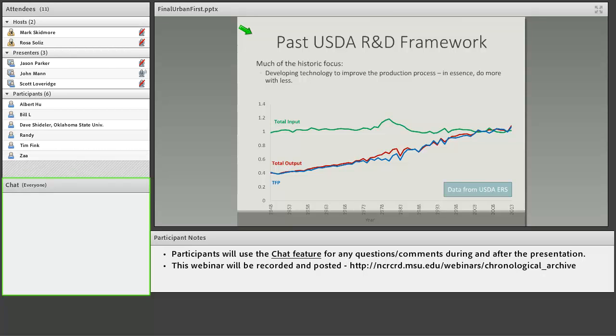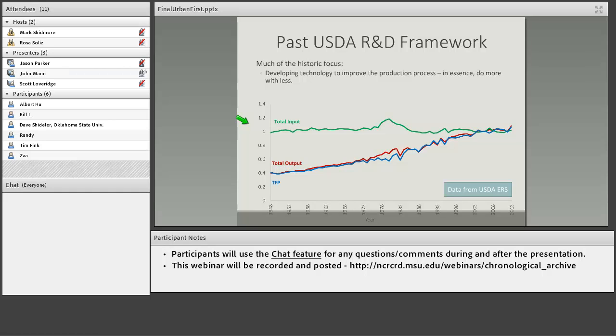So another piece of the question, and the way we were thinking about it, is how the impacts of USDA R&D have been looked at from a historic perspective. Not all, but some, and some might argue much, especially more historically, of the USDA R&D investment has been to focus on new technologies to improve the production process and, in essence, do more with less.